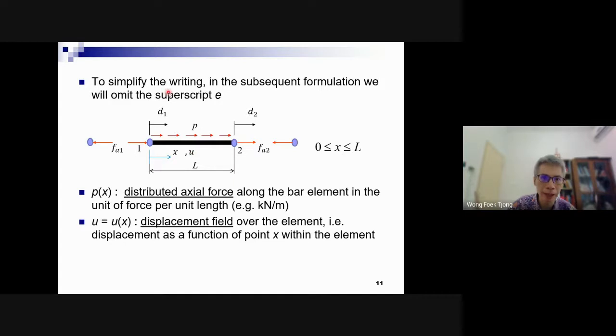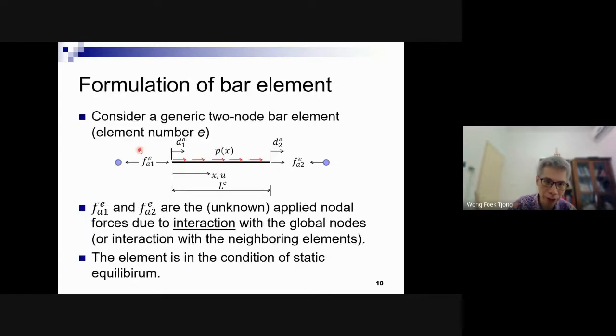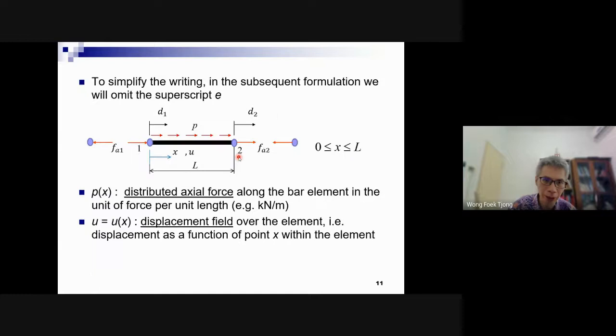Just to simplify the writing, I remove the index E. Initially we have the superscript E. Just to make it simple in writing, I remove E. But we should remember that all of this refers not to the structure but to the element.